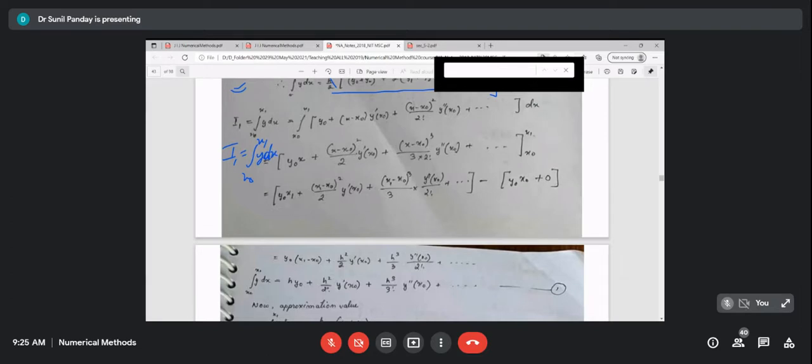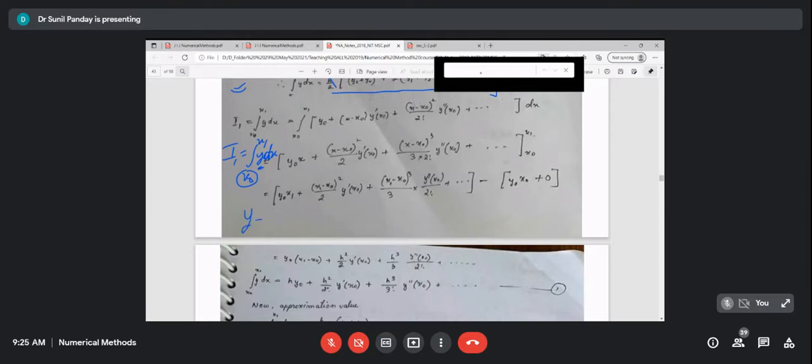If you expand y about this point x naught, we are now calculating analytically. We are not using any numerical method here. We calculate this integral from x naught to x1 of y dx analytically. So what we do here is expand the y inside using Taylor's expansion.